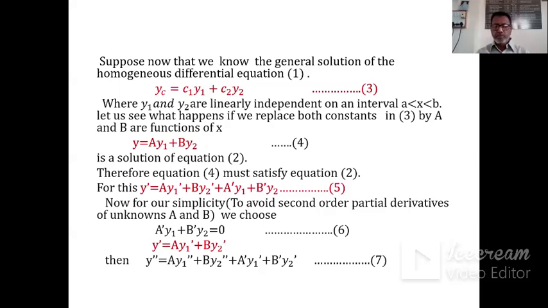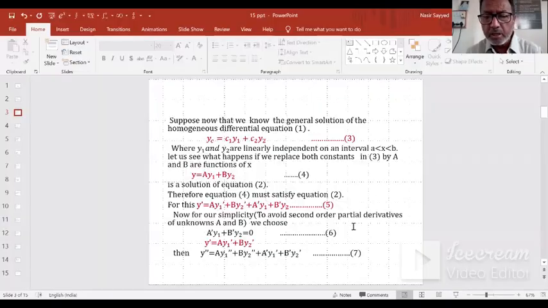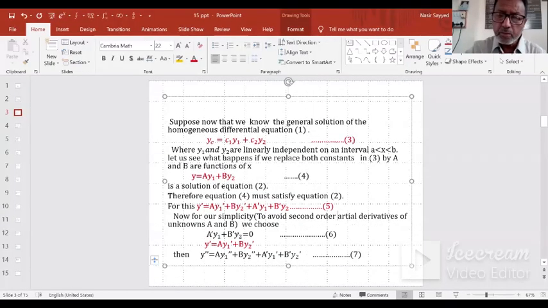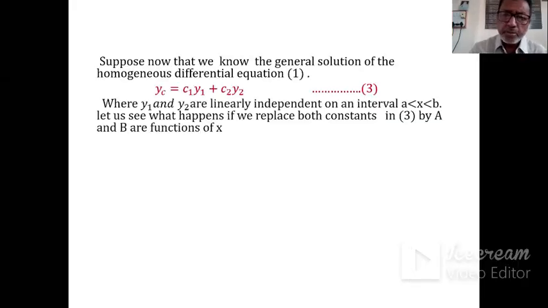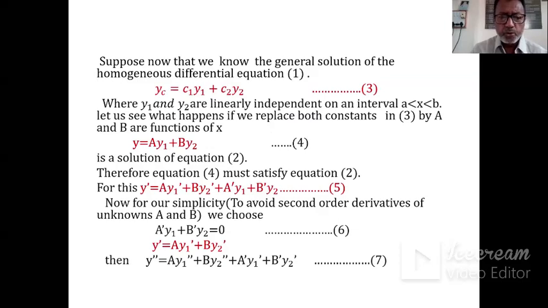Now, for simplicity, to avoid the second order derivatives of the unknowns A and B, we choose A dash y1 plus B dash y2 is equal to 0.